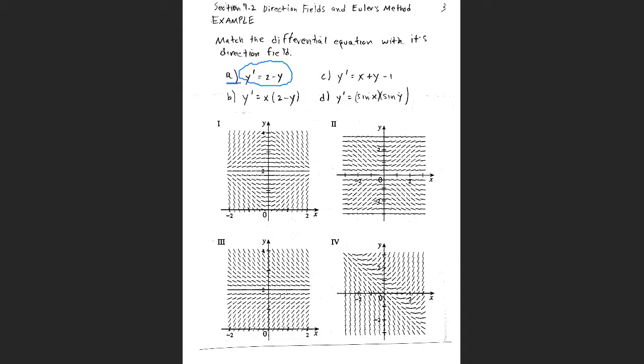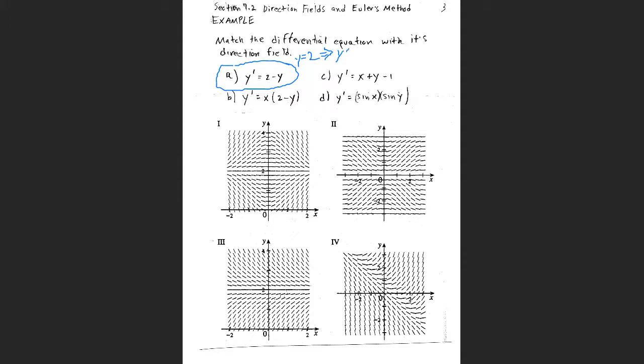Y prime would equal 0. Very good, Rodrigo. So that means that for this first differential equation, when y equals 2, this would imply that y prime equals 0.